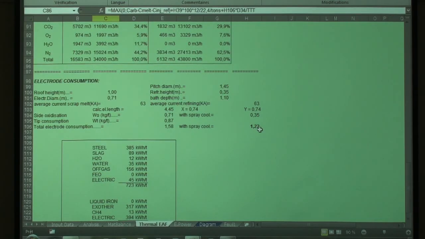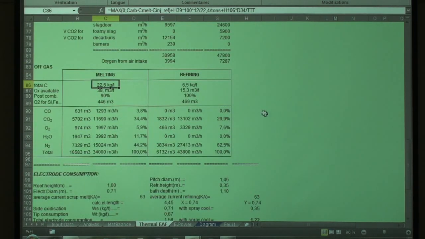Because the 1.22 is kilograms per ton of electrode for the complete tap to tap, the total consumption for the whole tap to tap. But I'm considering the carbon going to the off gas during the power on time of the melting phase.